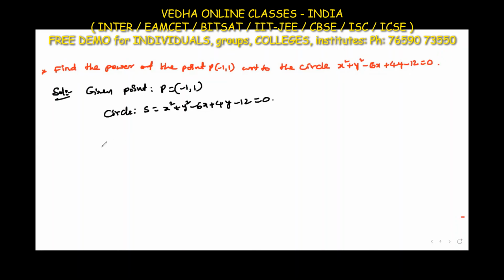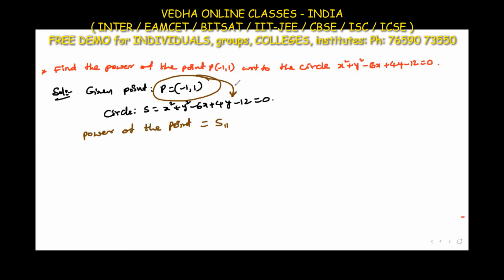What is the formula for power of the point? The power of the point formula is just S11. It means we substitute this point x1, y1 in the circle equation, and whatever value we get is the power of the point.